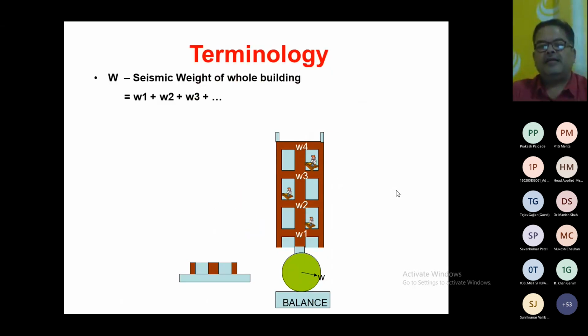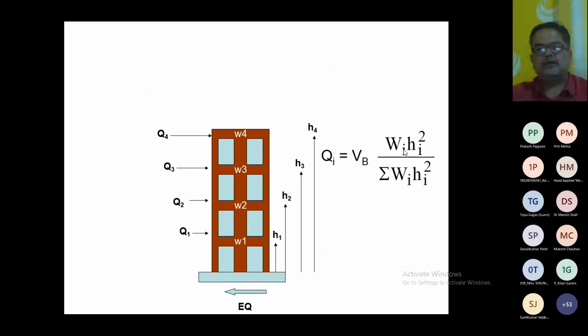So here is the seismic weight of the whole building which is acting, and the heights we are calculating are h1, h2, h3 like this. This is h1, this is h2, this is h3. h1 is the height of floor number 1, h2 the height of floor 2, h3 the height of floor 3, h4 the height of the 4th floor, right?